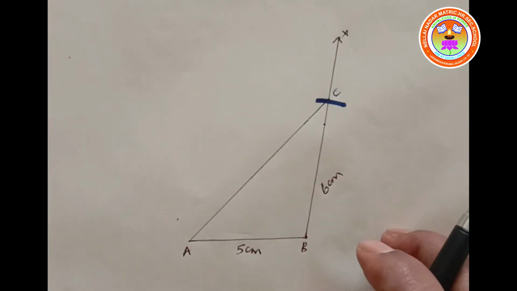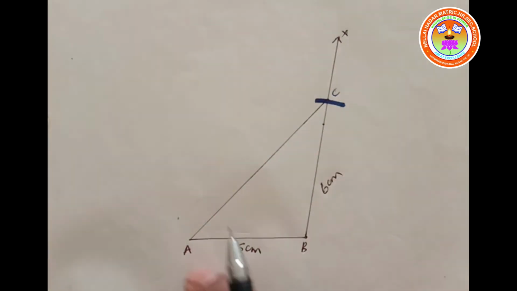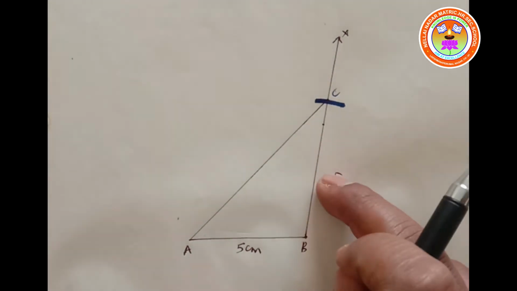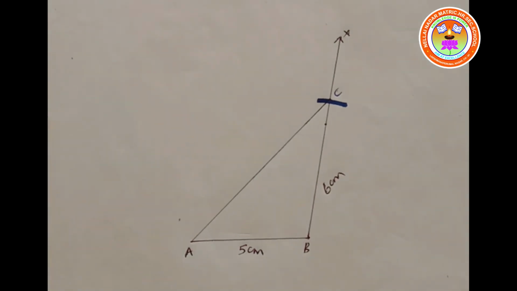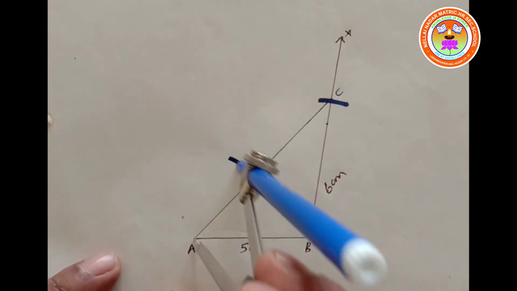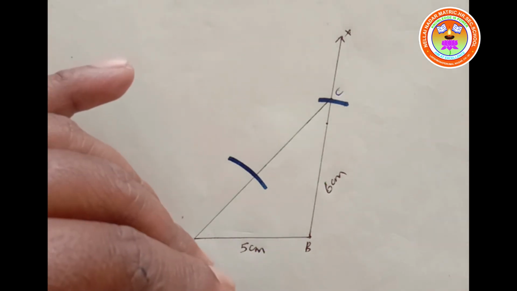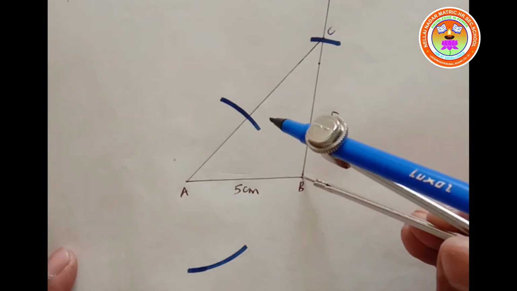Now you are going to draw a perpendicular bisector of any two sides. There are three sides, AB, BC and AC. Now I am going to choose AB and BC. It's clear, children? Now you are going to take more than half. With A as center, take more than half, and B as center, which should cut the previous arc.